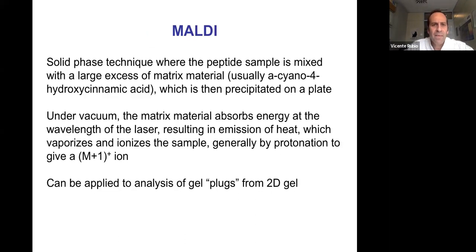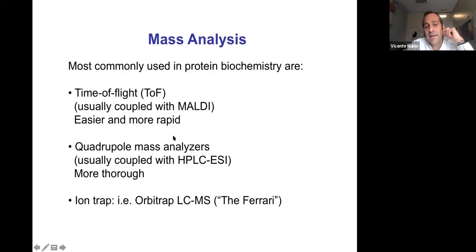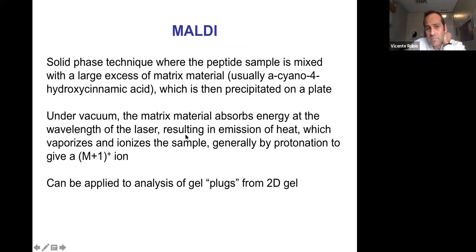And just some considerations about MALDI. What you do is to fix your protein sample into a specific matrix that will be ionized using a laser, and this will allow emission by heating of those peptides and their vaporization and actually their ionization.